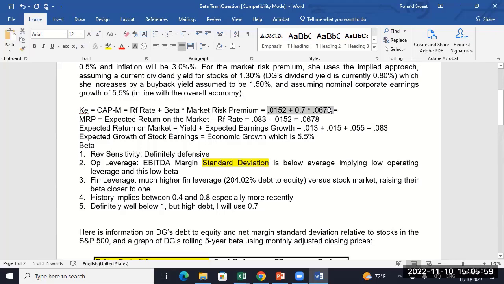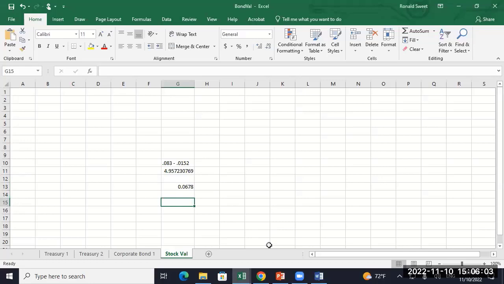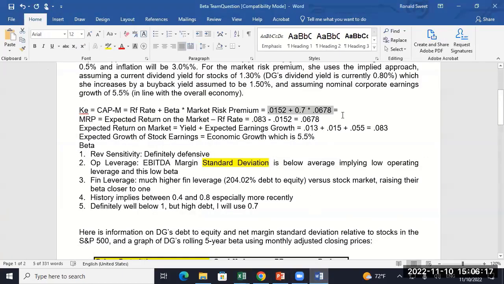We put all that together, and I get 6.3%, or 6.266.